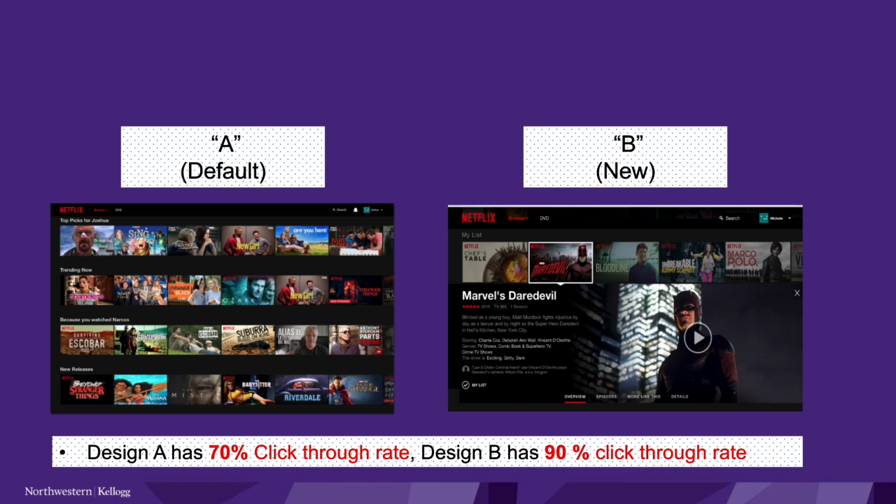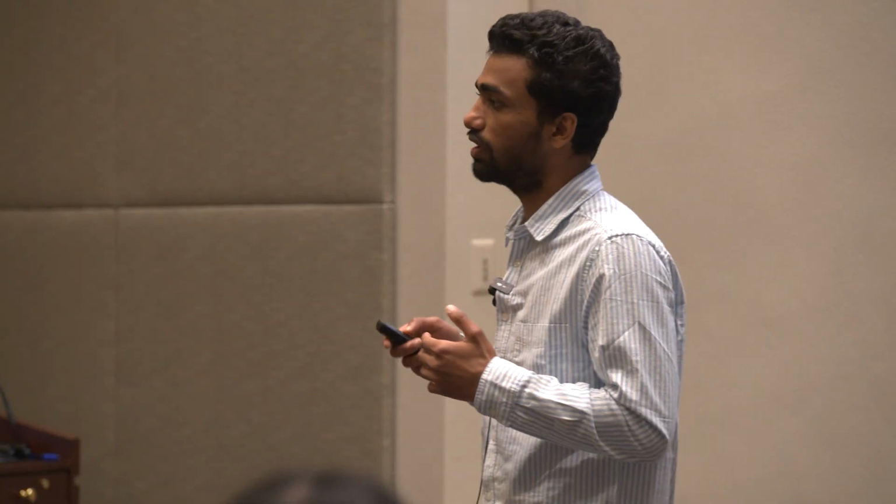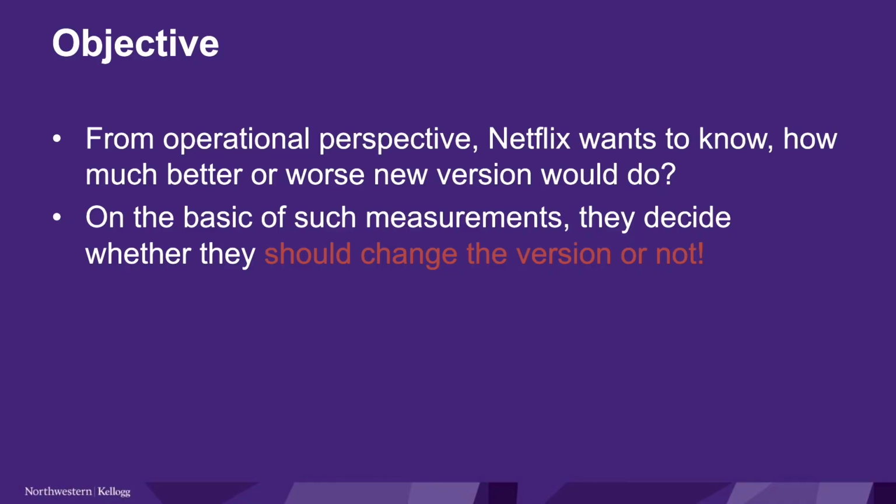So 90% would mean that website design B would do better with the customers because the click-through rate is higher. Effectively, what Netflix wants to know from an operational perspective is whether they should update their design from A to B or not. And the basis of this would be the measurement of these click-through rates, right?